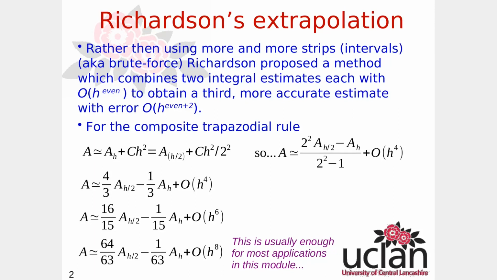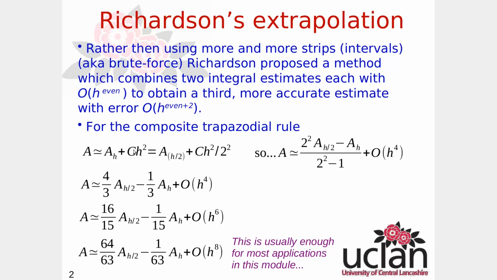So for the trapezoidal rule, we could see it as the actual area that we require being equal to the area at some strip h, plus c, which is a constant, times h squared. Alternatively, if we evaluated it at h over 2, so we reduced h by 2, we could say this is the area at h over 2, and then of course we'd have to square, so we get c times h over 2 squared.